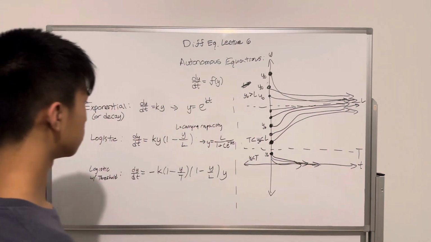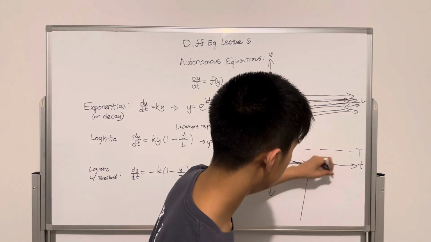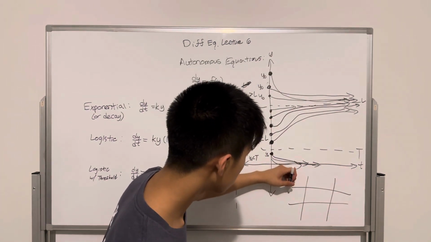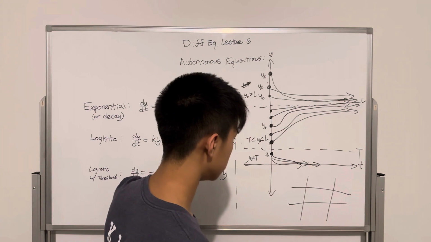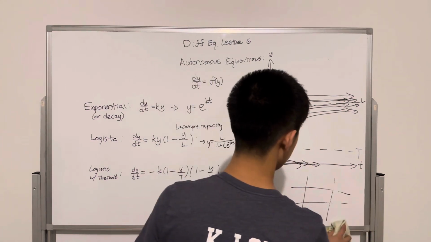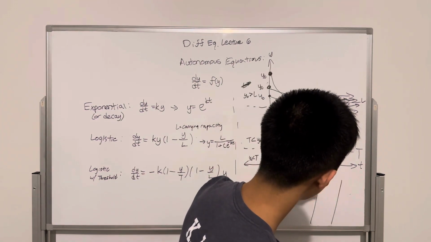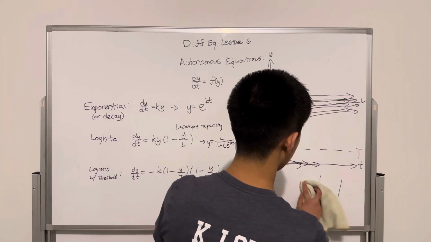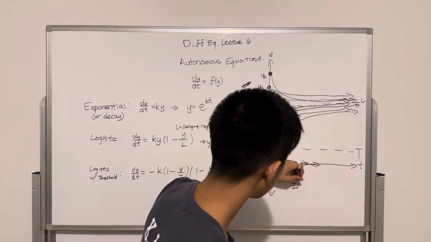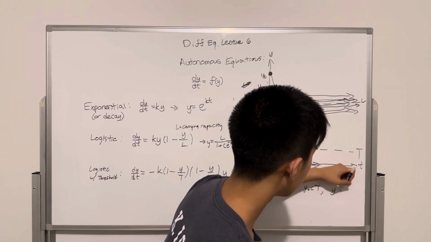So if you want a graph, I'll just make a chart for you guys. Okay, I'm not good at drawing graphs. If y is less than t, y approaches 0.